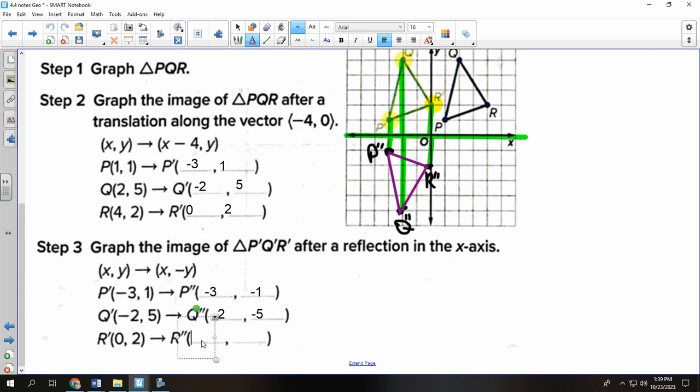And then for our last one, the 0 remains the same, and the 2 is going to become negative. Let's take a peek to make sure that matches: (-3, -1), (-2, -5), and (0, -2). All right.